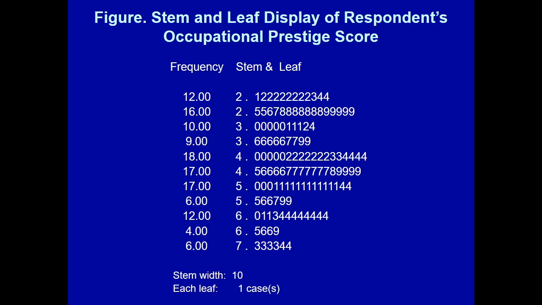So here we have stem 2 with the values of 1 through 4. So this would be anyone who had an occupational prestige score of 21 through 24. Then the next row identifies anyone who would have an occupational prestige score of 25 through 29. So it's split up into groupings of 5.